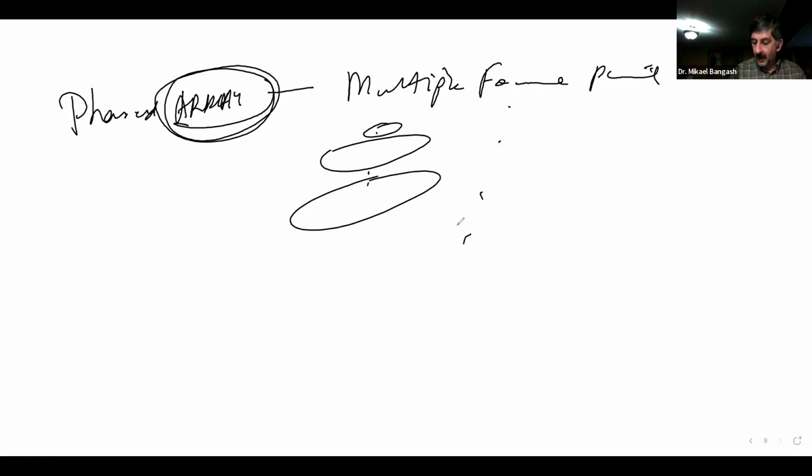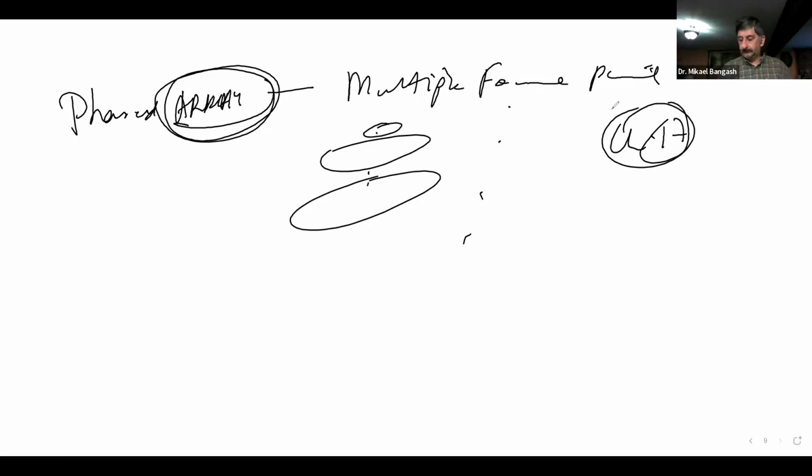Harmonics is in chapter 17, and frequency agility is probably not something we'll be talking about. So for now, the term array or phased array means we are able to focus at multiple depths.